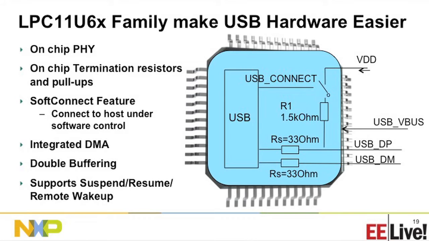USB is a device managed system in terms of power consumption. Once the host agrees with a certain power, it's the device's responsibility to suspend if it sees no activity on the USB bus for 3 milliseconds.